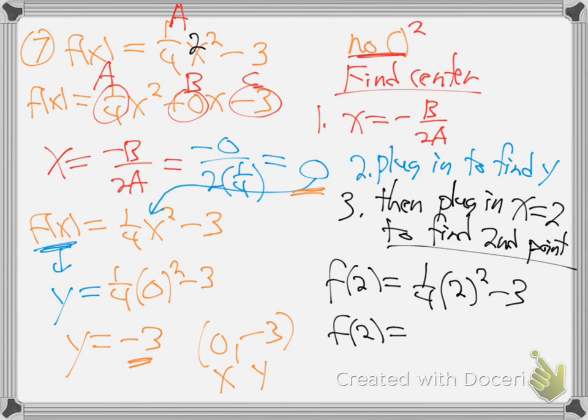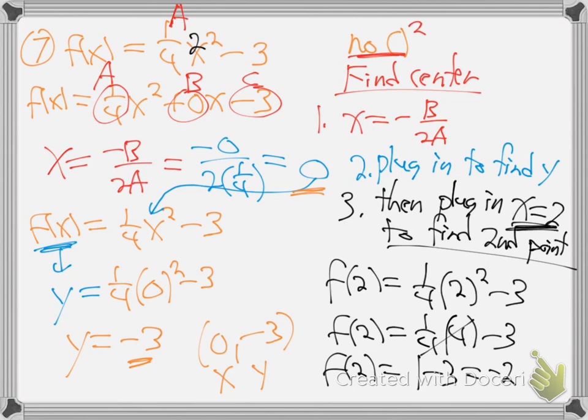I just know it'll be easy because that's a 4. This cancels. So that's 1 minus 3, negative 2. I plugged in x equals 2 and got out negative 2. That's the y value. So that's the point 2, negative 2, x, y. That's the second point.